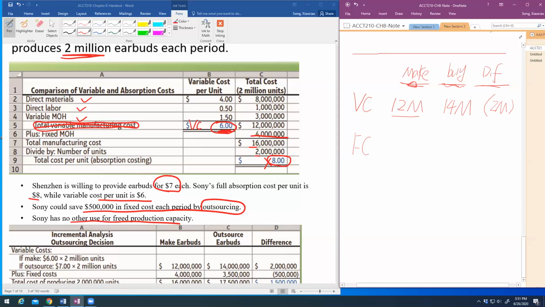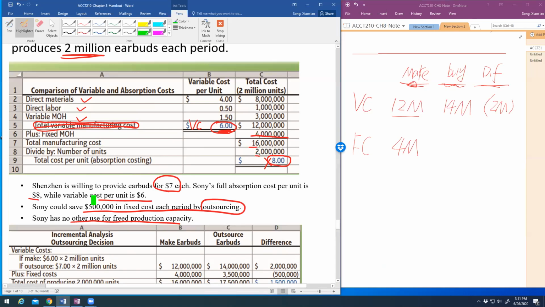if we make, total is 4 million, right? So if we make, we have to pay 4 million. If we buy, we can save $500,000.